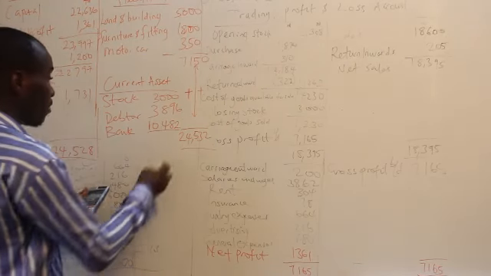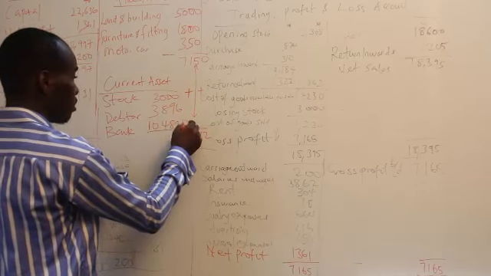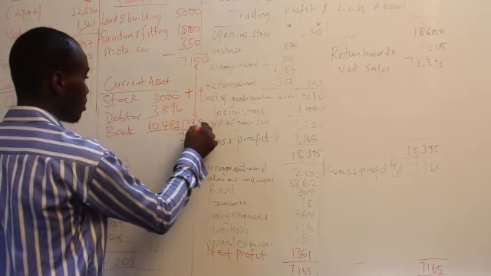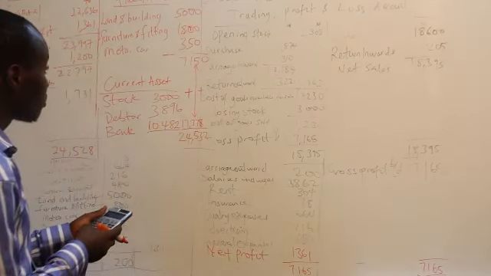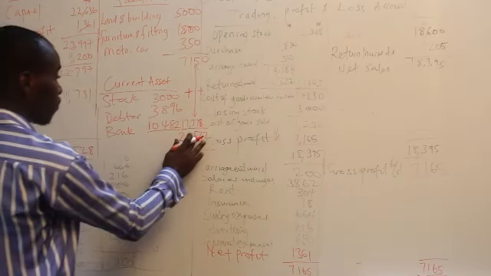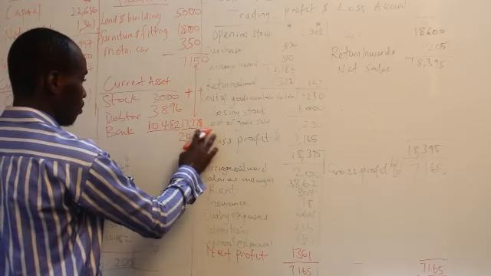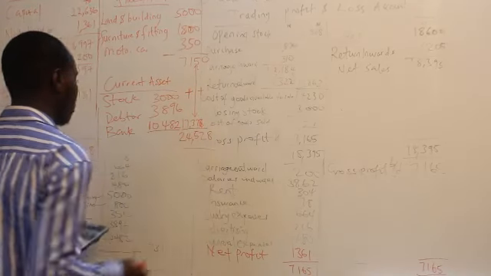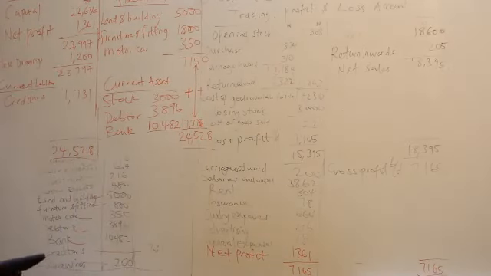So we are going to have 17,378. So plus 7,150, that gives us 24,528. So we have a balance now since our figures are correctly entered.